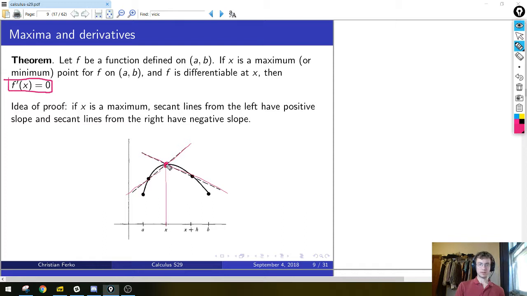So the tangent line in the middle has to be bounded between those positive and negative slopes. And the only way you can be bounded between these positive and negative slopes is if you're exactly 0. So it's almost like a squeeze theorem type proof, but I will make that much more explicit on the next slide. But before starting the proof, is the idea and the statement of the theorem clear?